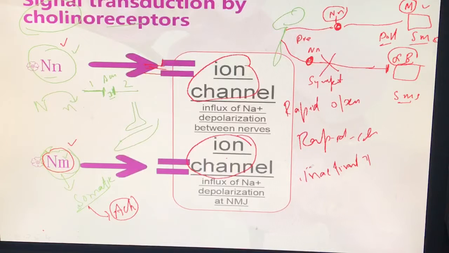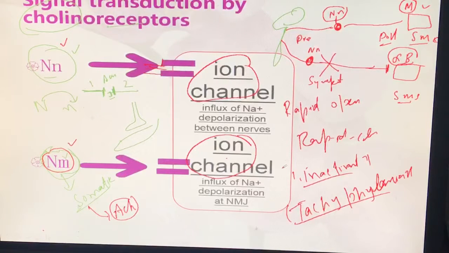In pharmacology, if any drug acts on a receptor and the receptor becomes inactive, the term is known as tachyphylaxis. What is tachyphylaxis? It is the inactivation of a receptor in response to a drug. The receptor gives no response.